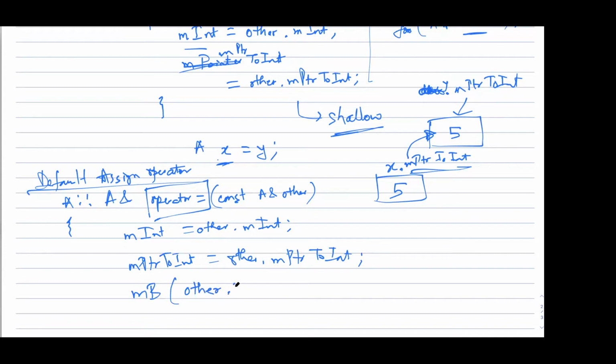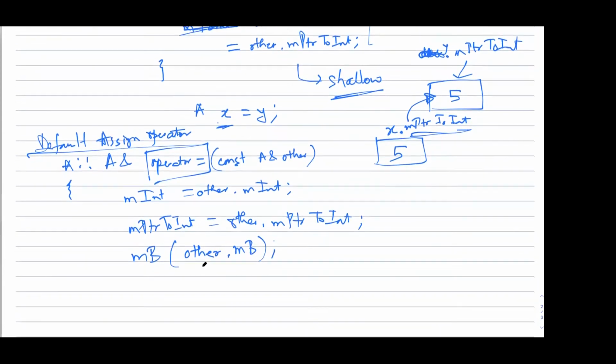So other dot mb, not copy constructor, sorry. This is equivalent to writing mb equal to other. So this is the assignment operator, not copy constructor. I'm sorry. There's no difference, this is just another style of writing. And then finally, it's going to return star this.